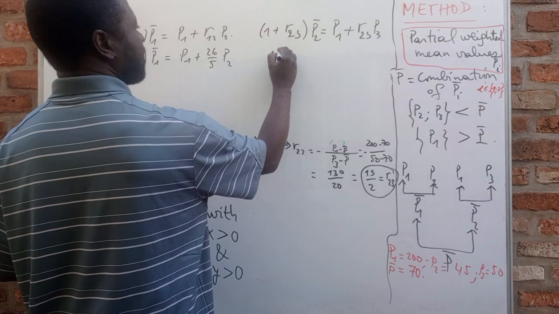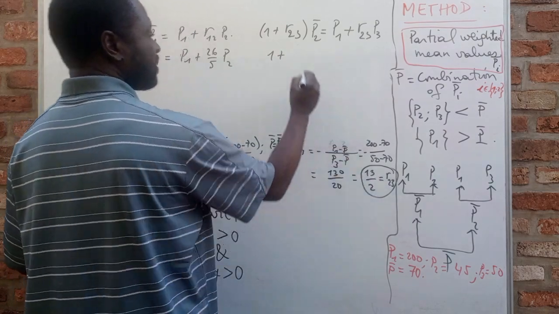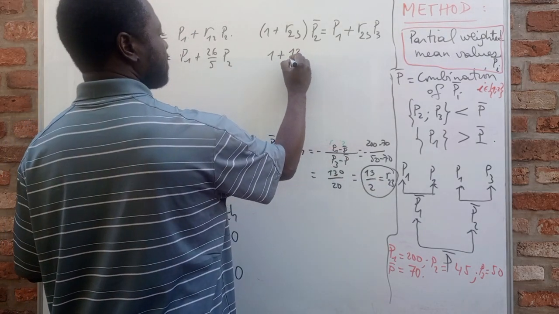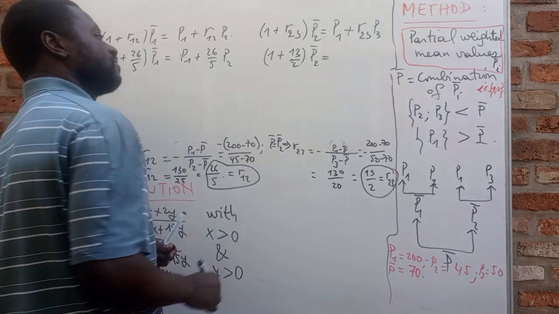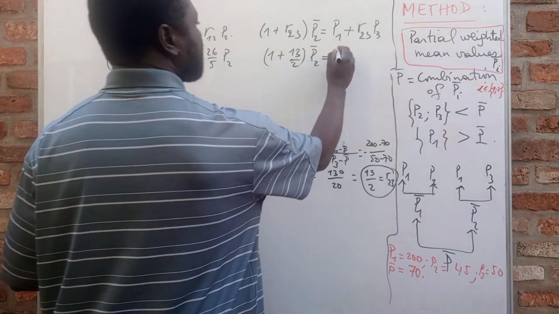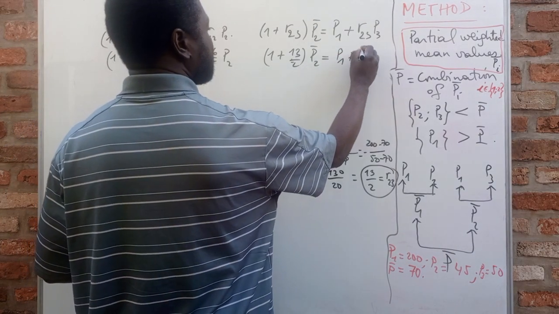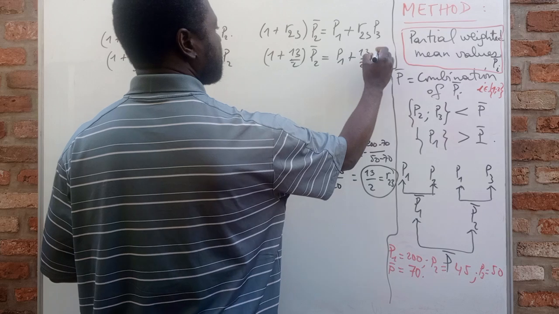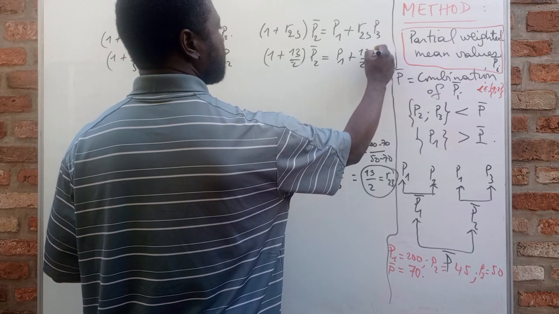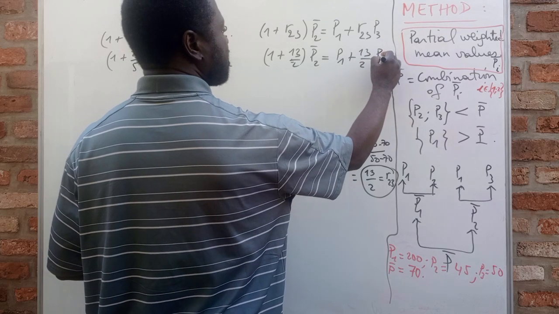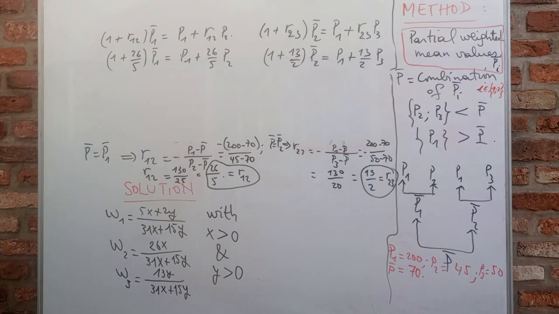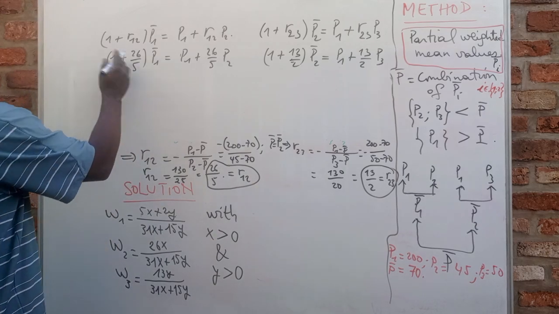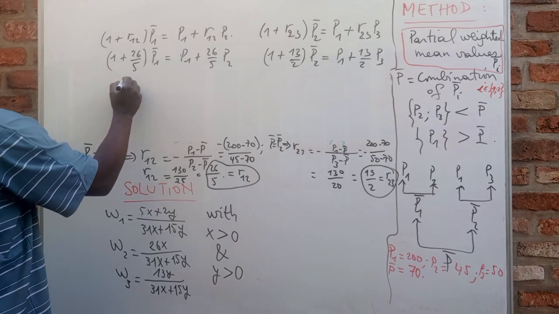Here, 1 plus 13 over 2 factor of P2 bar, equal to P sub 1 plus 13 over 2 P sub 3. Okay. So now we can have this one.